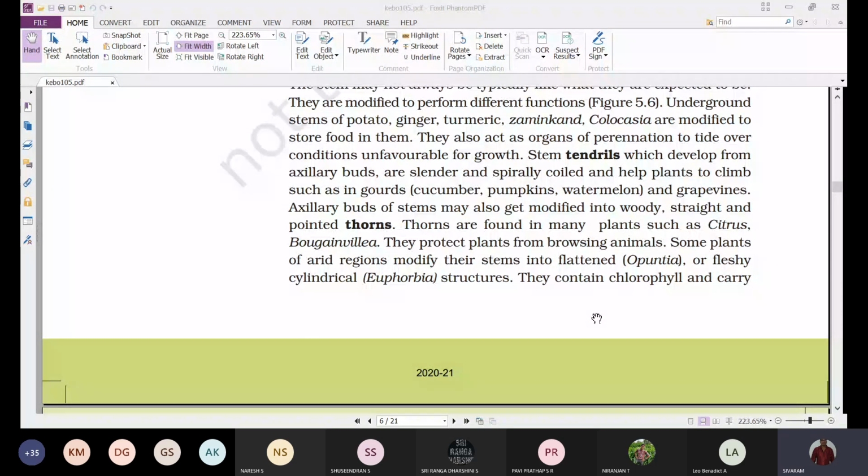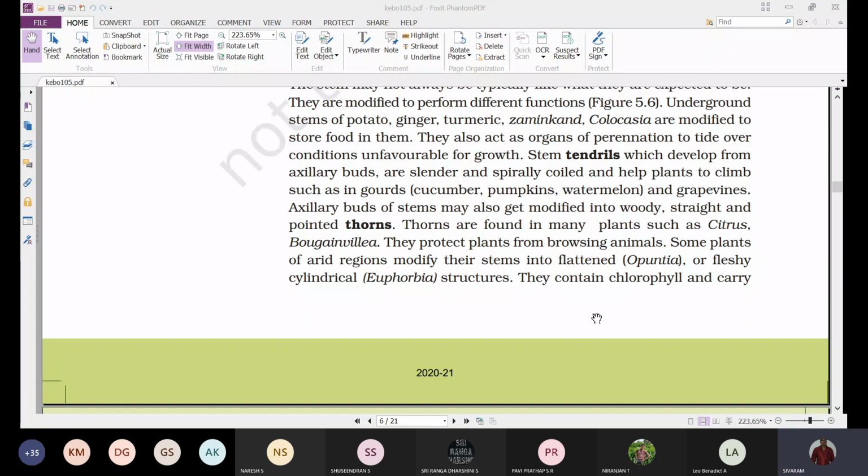Next, in the case of cucumber, pumpkins, watermelons, in all of these, if you have cucumber or pumpkin in your garden, once you go and observe, we can see it very clearly.